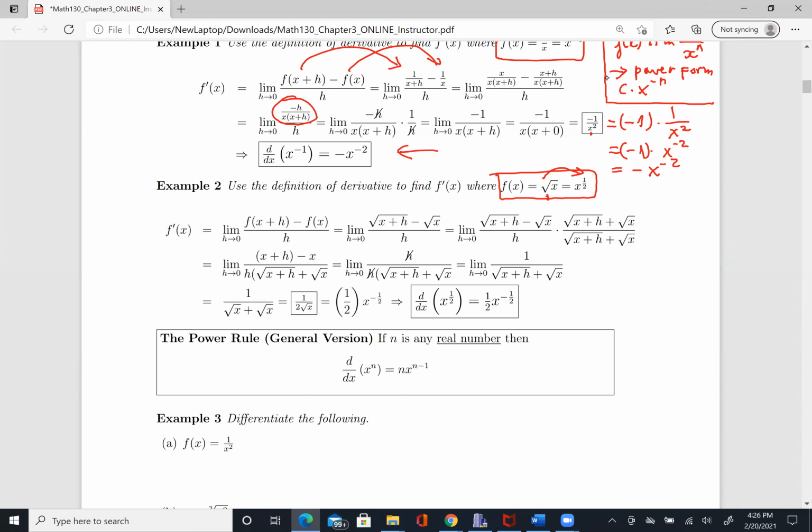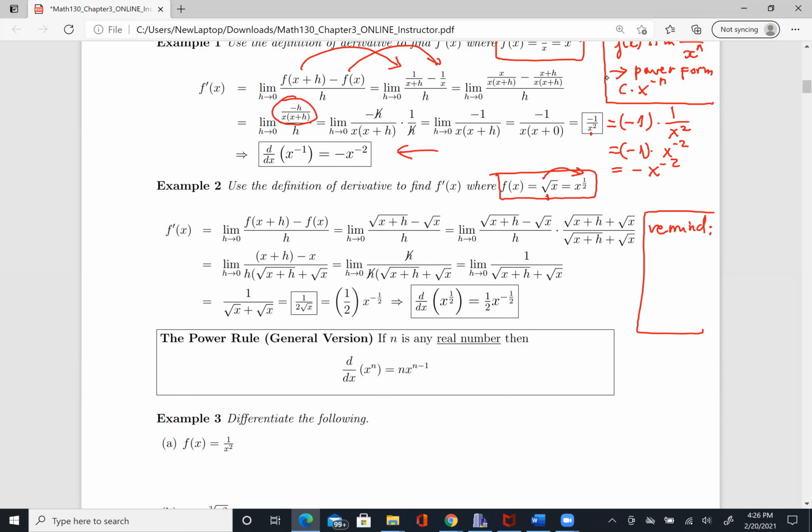You should know that the square root is actually a power of 1/2. Let me remind you in case you forgot.